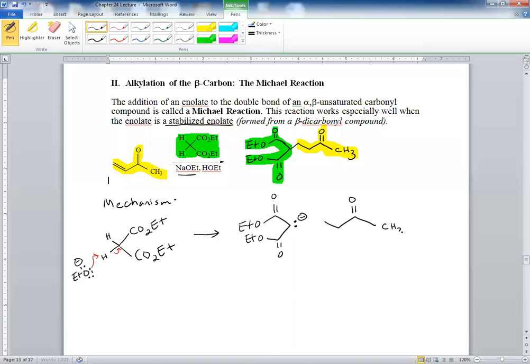So here's your mechanism. We've seen this before in chapter 20 when we talked about the organocopper reactions where they attack the alpha beta unsaturated carbonyl. And this is the mechanism. These lone pairs are going to attack at that carbon. So electrons are going to shift.